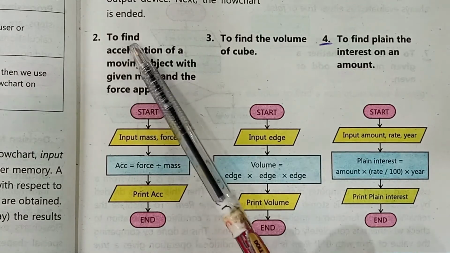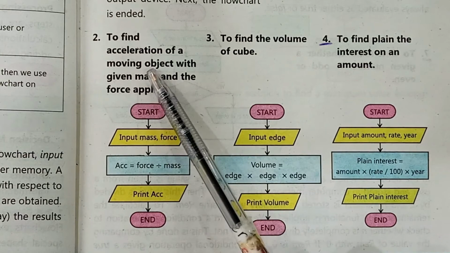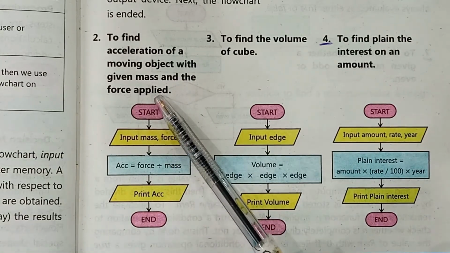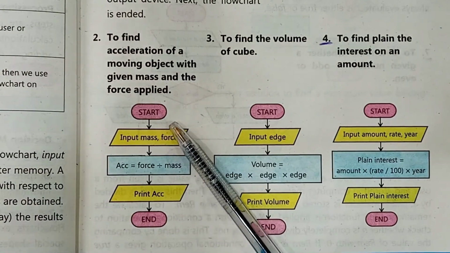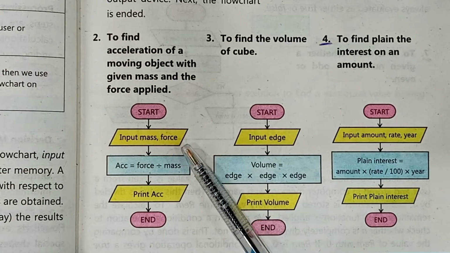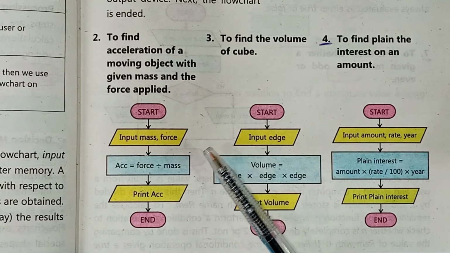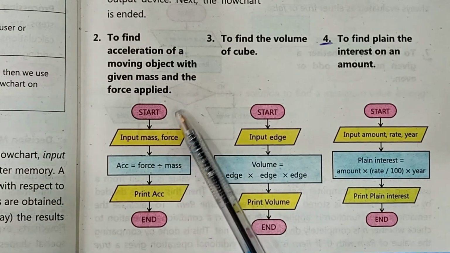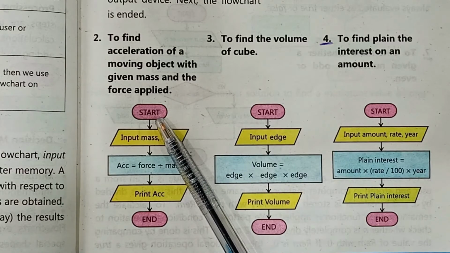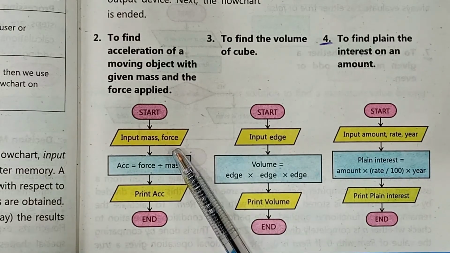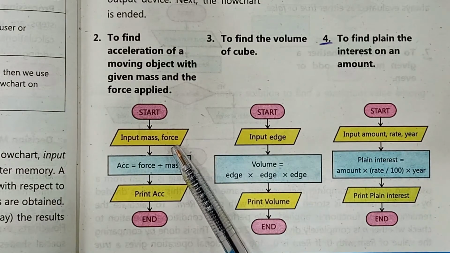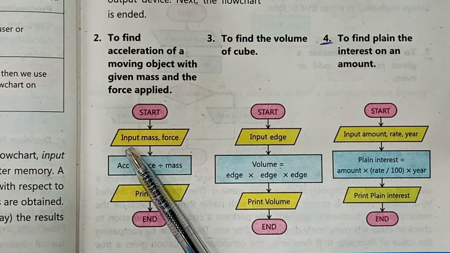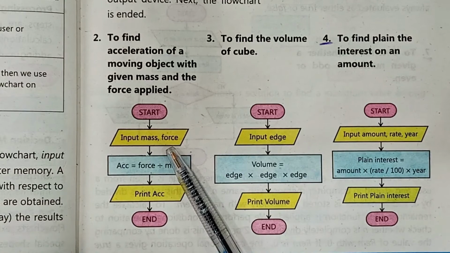Second example is to find the acceleration of a moving object with given mass and the force applied. Now the flowchart is starting from the terminal symbol. Then you have the input or output symbol, means you are given the input in the computer memory with the names mass and force.